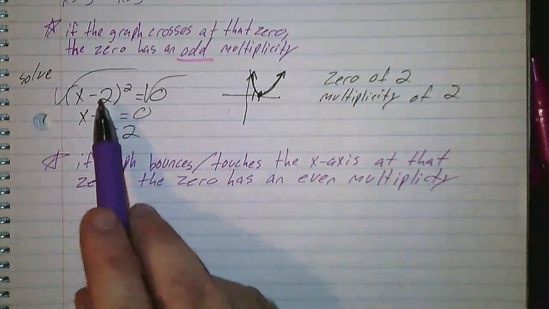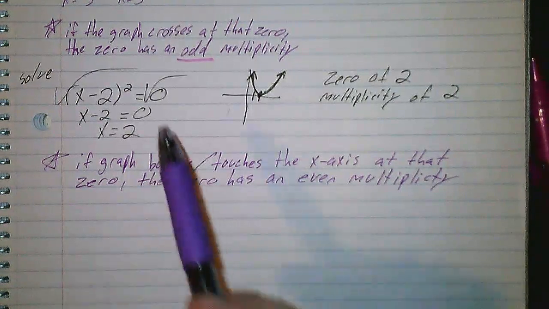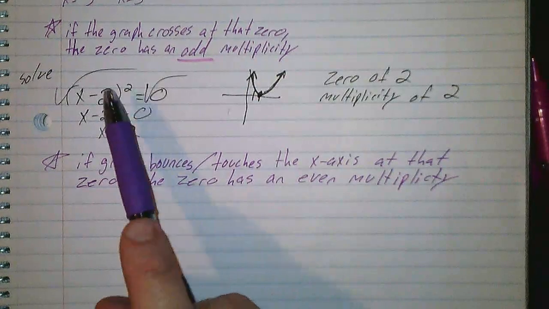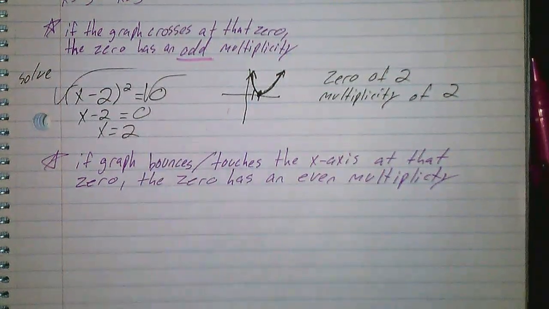So if we solve this, we get x equals 2. But where's the other solution? We have a squared x minus 2 set equal to 0.